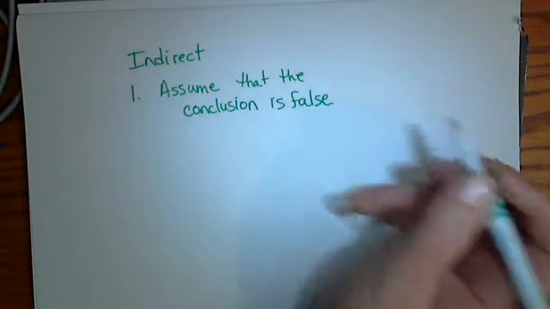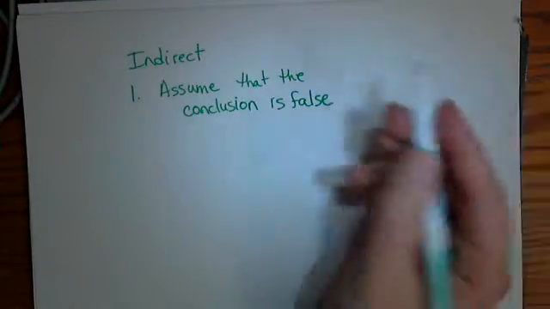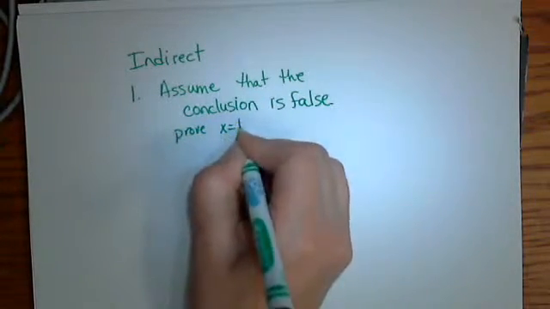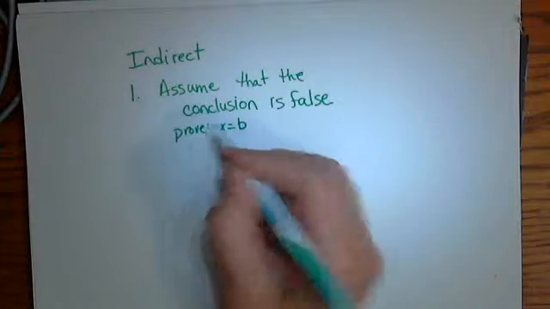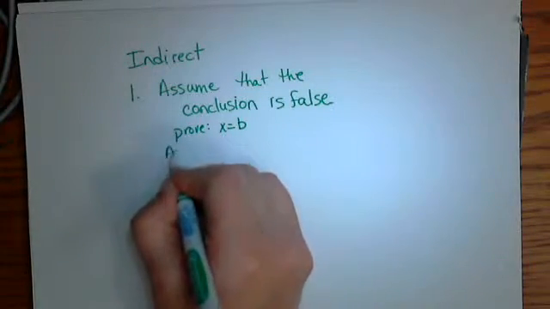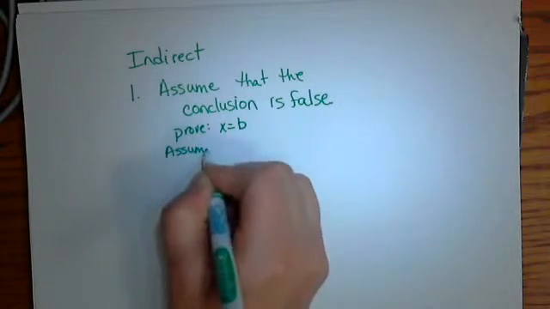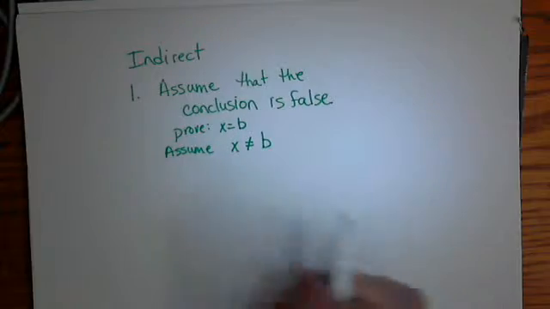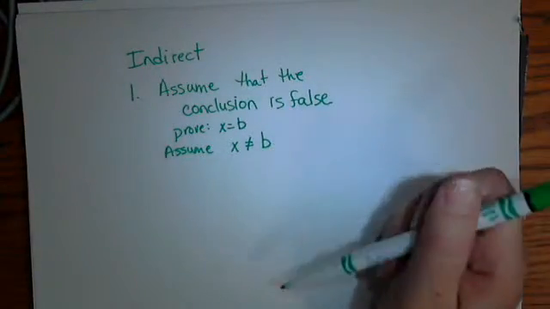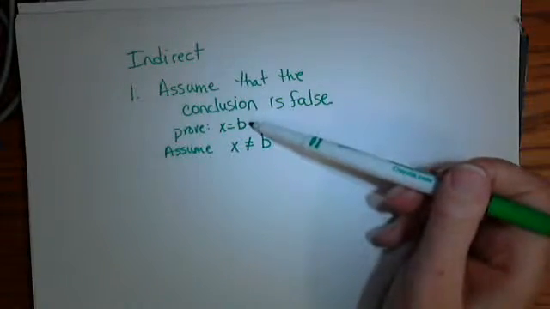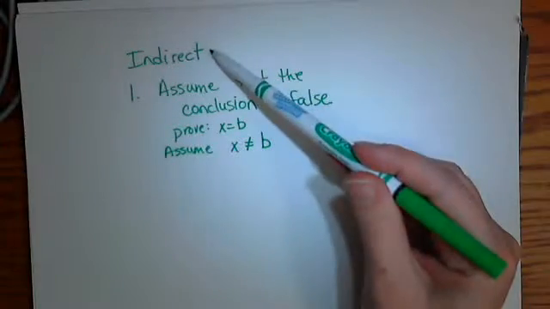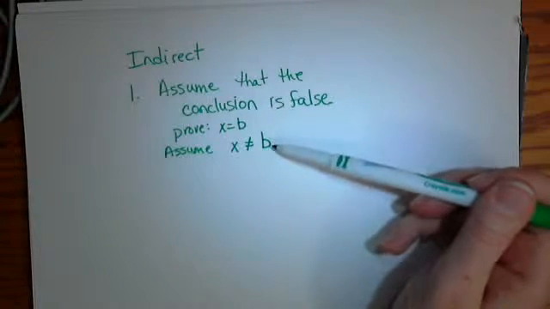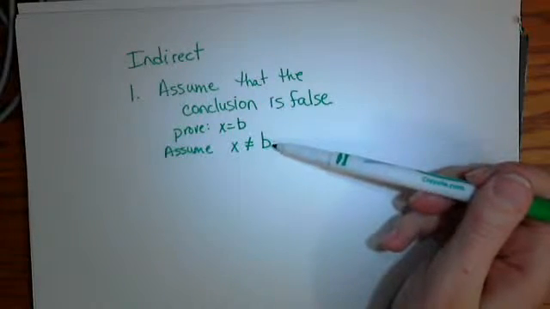If you're trying to prove that x is equal to b, you're going to assume that x is not equal to b. And then you're going to move on after that. But whatever you're trying to prove, the first step in an indirect proof is to assume that whatever you're trying to prove is not true, is false.